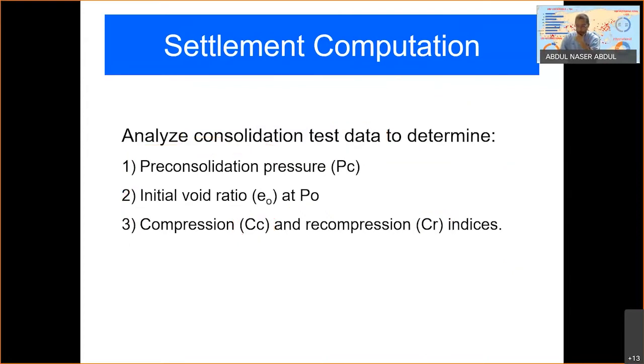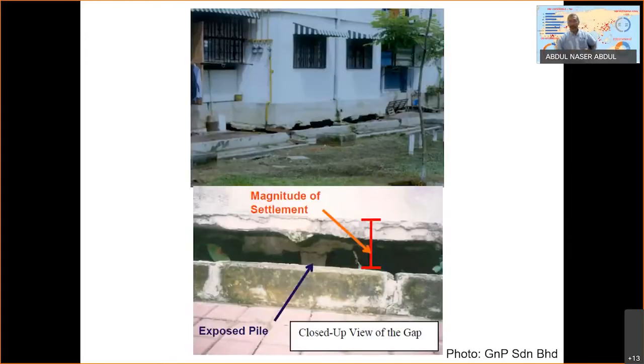Next slide. So this is what happens when settlement still happens after you already put the building. We want to know what is the settlement that will happen, and we want to make it happen before we put the building.